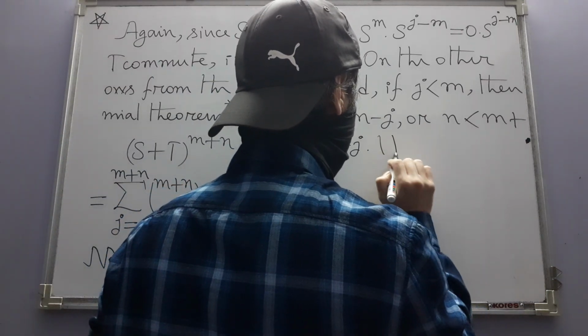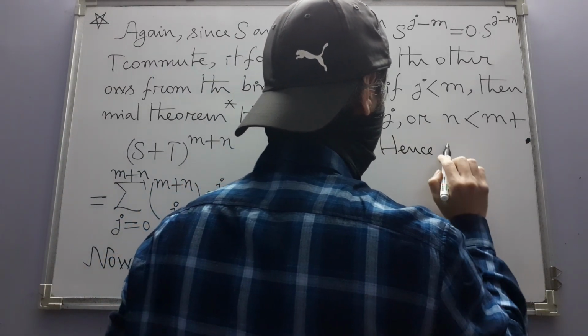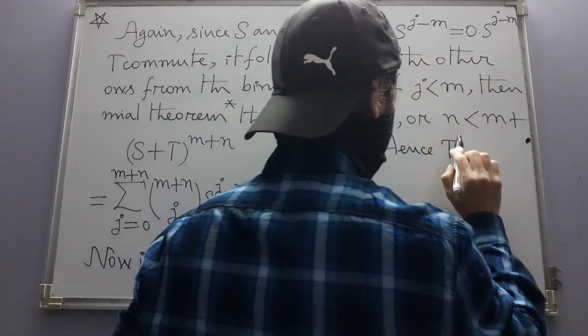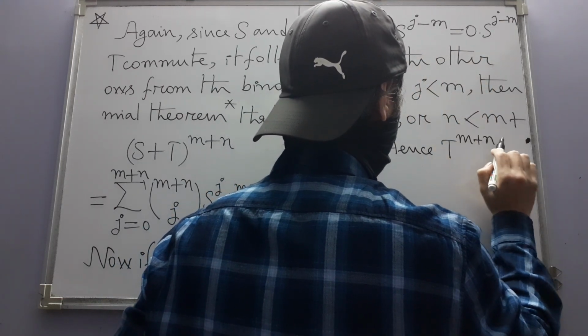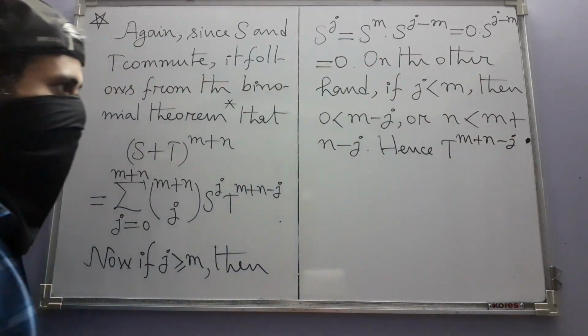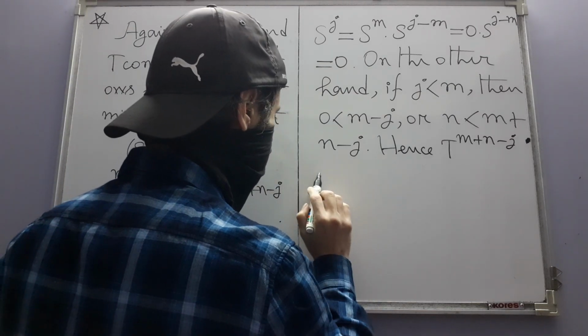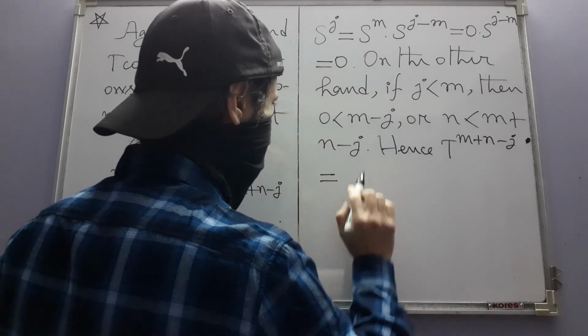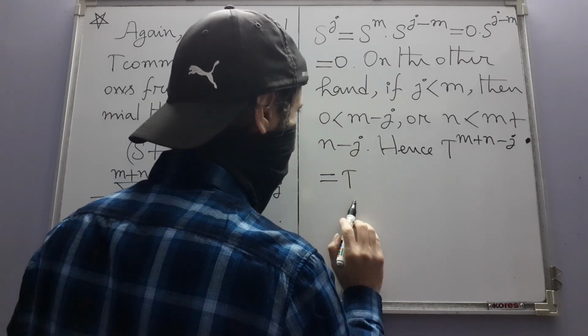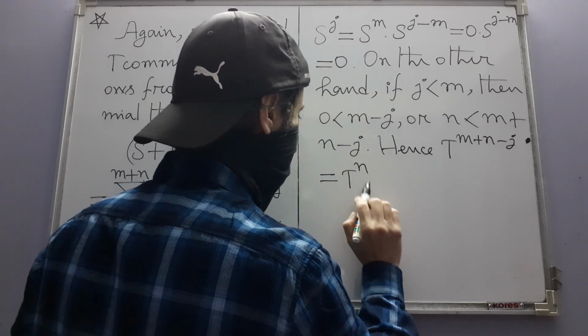Hence, similar to this calculation, t to the power m plus n minus j is equal to, so you can write this like this.